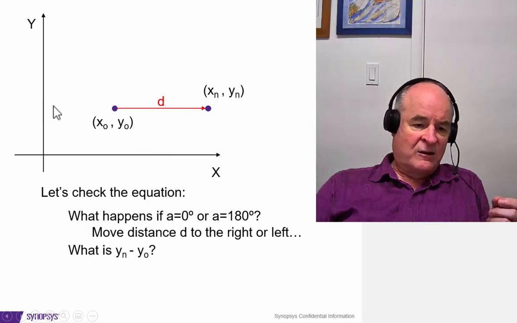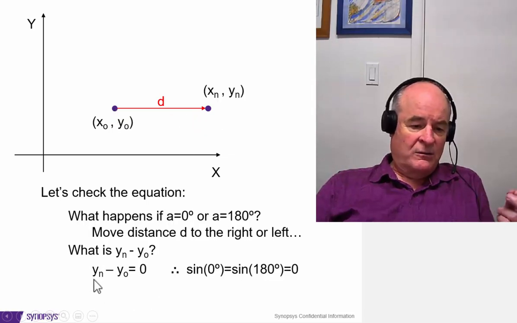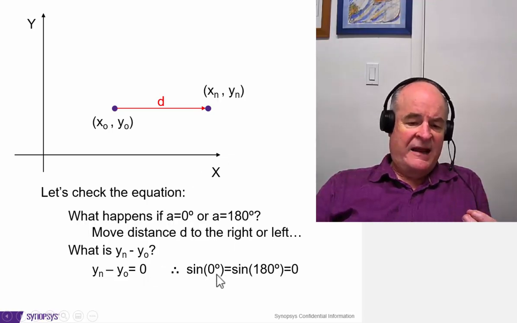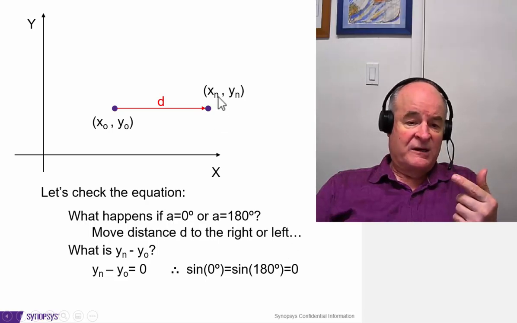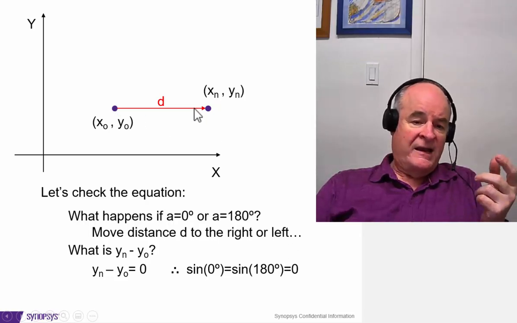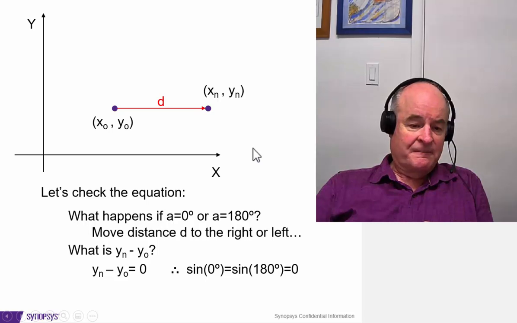Well, this is a horizontal line going either way, so yn minus y0 is 0. It's horizontal, so the delta y is 0. That must mean that the sine of 0 equals the sine of 180 equals 0, because there is no difference in the y values for an angle of 0 or 180.